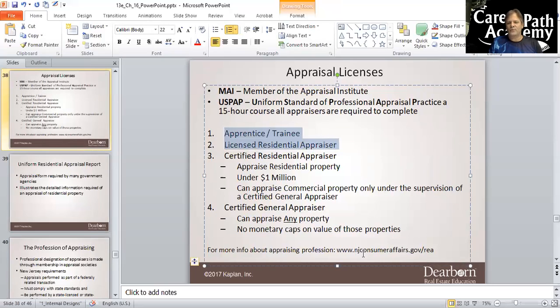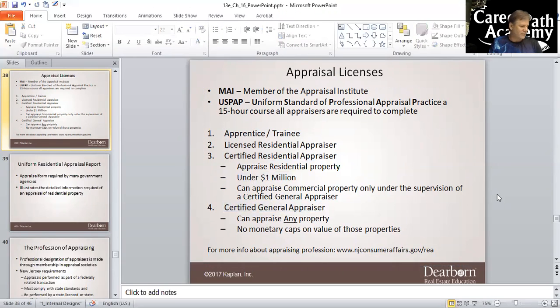They would have to work under a certified general appraiser. Even a certified residential appraiser who can work on their own can't appraise residential properties over $1 million, and they can't appraise commercial property unless they're under the supervision of a certified general appraiser who can appraise those kinds of properties.